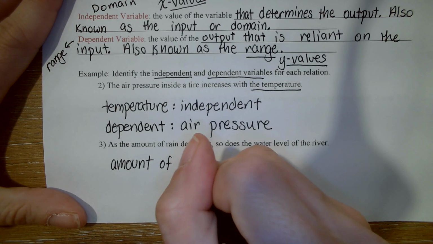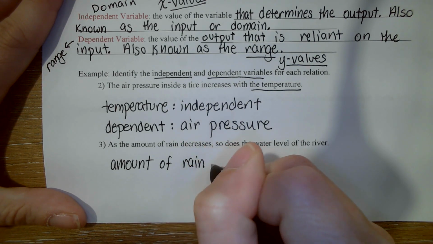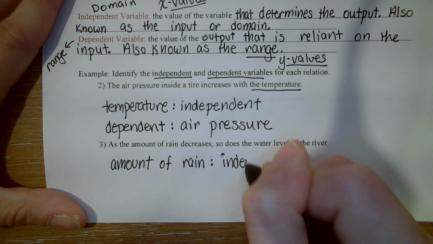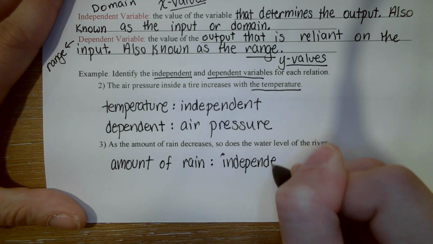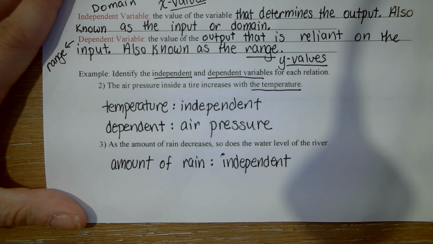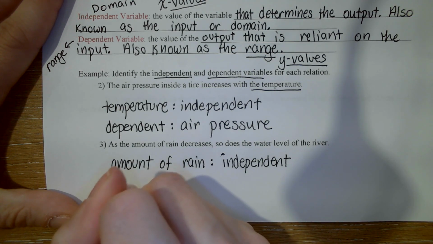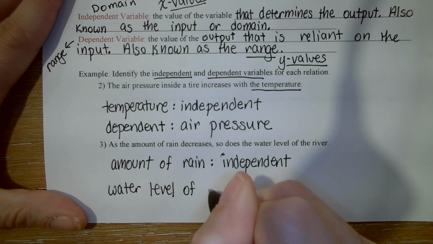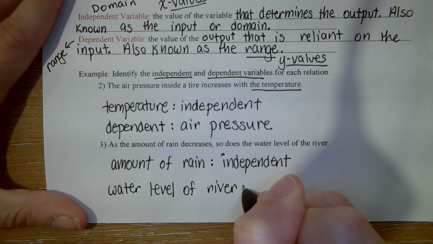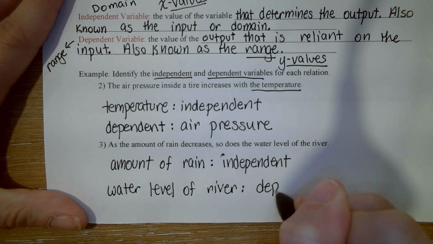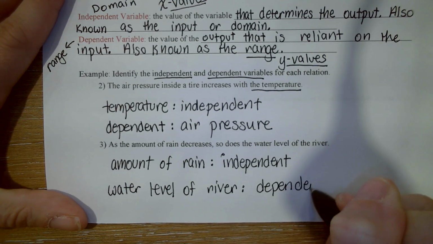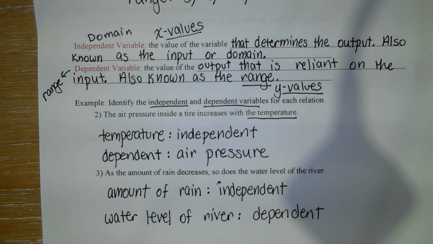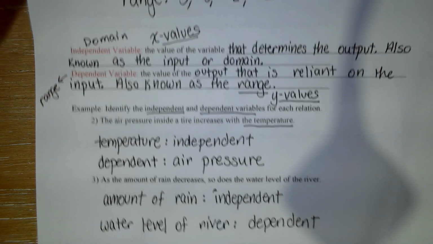So the amount of rain would be the independent variable. We can't control it. But it will determine the water level of the river, meaning the water level is dependent on the amount of rain that falls. More rain that falls equals a higher water level. All right.